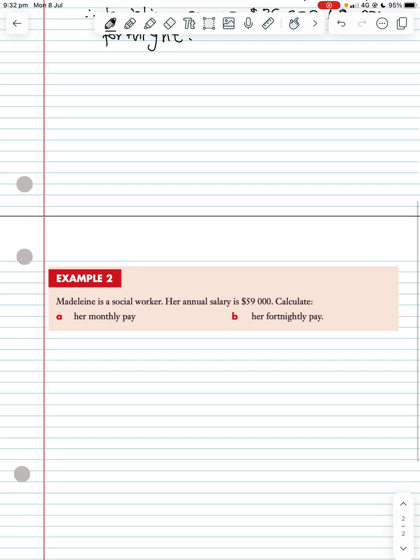So if we scroll down a little bit, we're going to go on to example 2. And we're looking at Madeline. So she's a social worker, and her annual salary is $59,000. So again, you might want to grab your highlighter and go, annual salary is $59,000. Remember that annual means yearly.